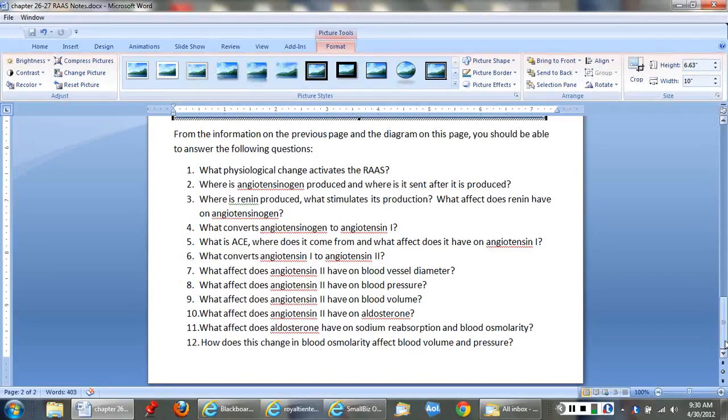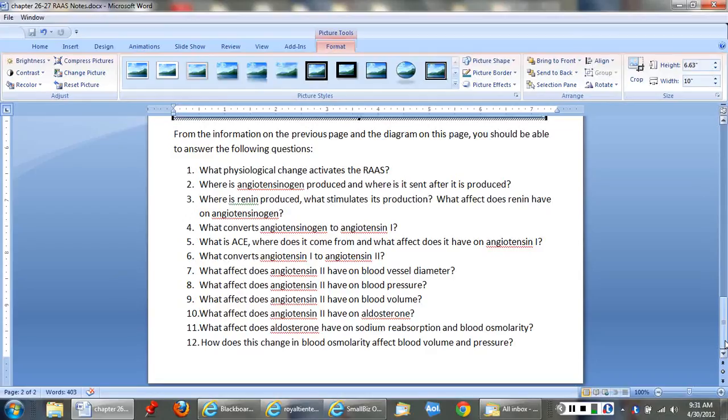It combines with angiotensinogen to convert it to angiotensin 1. Okay, another way that could be asked, what converts angiotensinogen to angiotensin 1? And these are all questions you could see on the final. They're very similar to them. So if you're just writing down the answers, make sure you understand why they are the answers, that is the key.